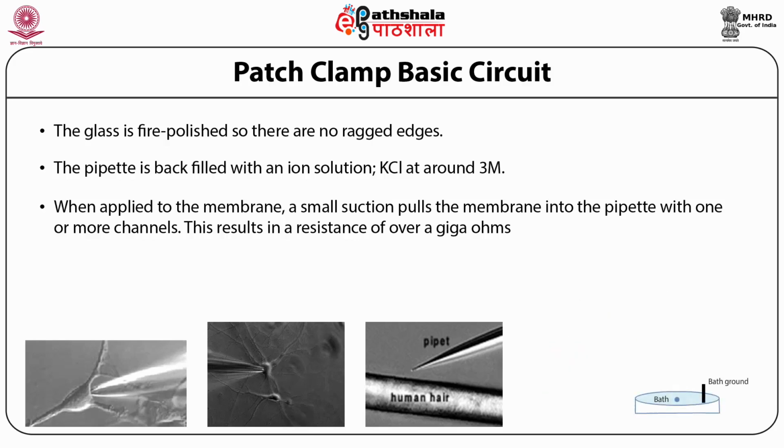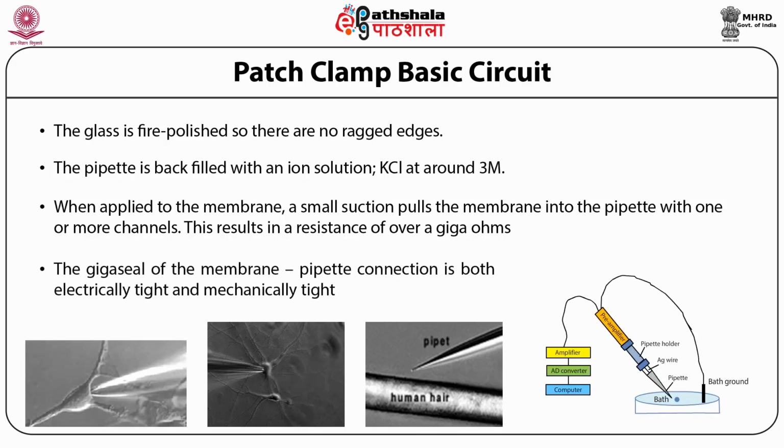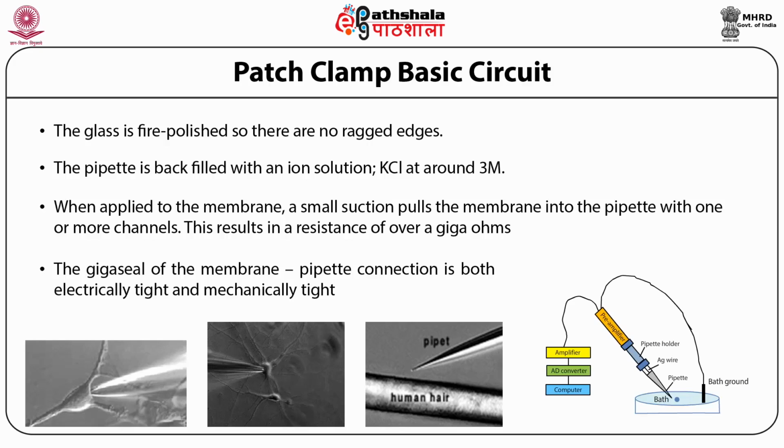This results in a resistance of over a gigaohm, a giga seal. The giga seal of the membrane pipette connection is both electrically tight and mechanically tight. In this figure, you can see the cell and the patch clamp pipettes, bath electrodes, and the other components of the system.